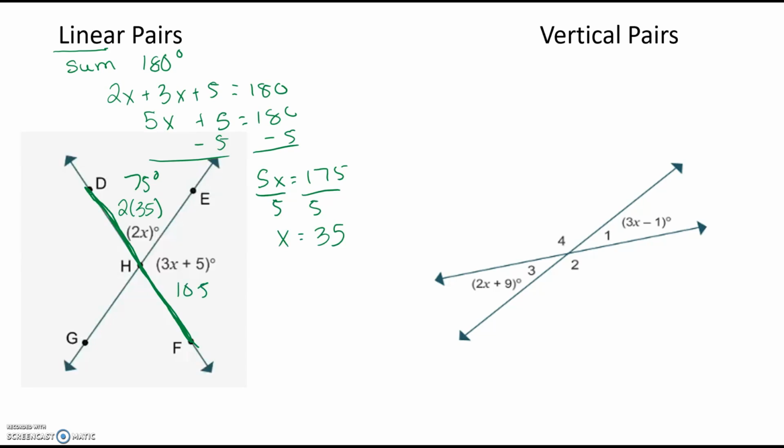All right, the next thing we need to do is to be able to identify what we have are vertical pairs. Notice right here we are given these angles that are across from each other. We know that vertical pairs are equal. So if they are equal, we can set up an equation that has these two statements equal to each other.